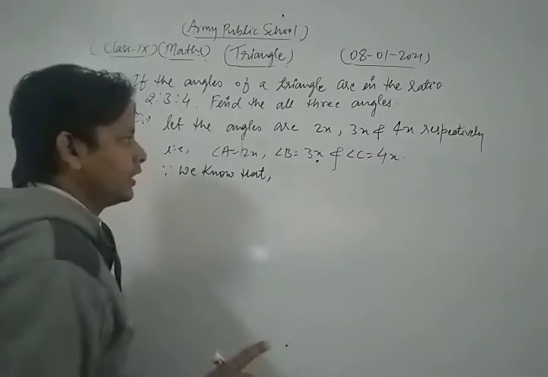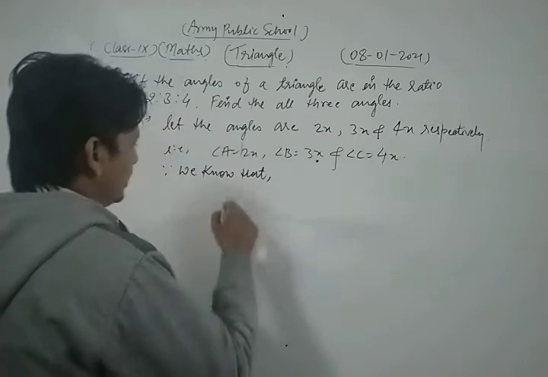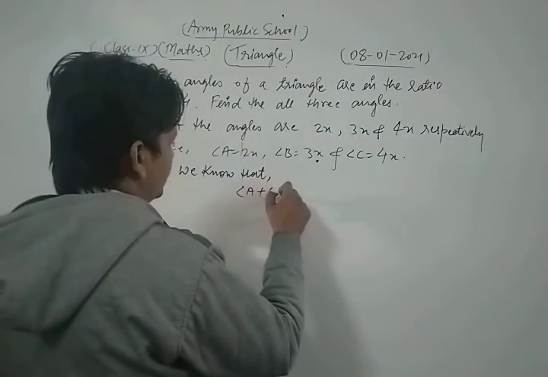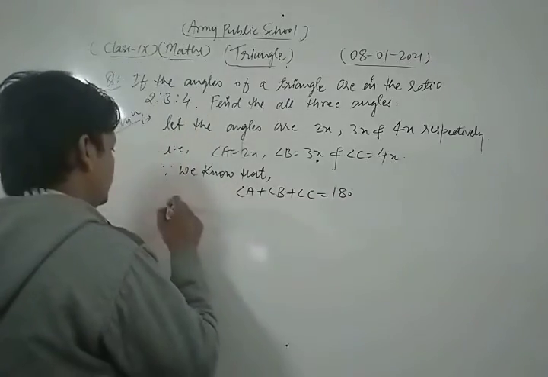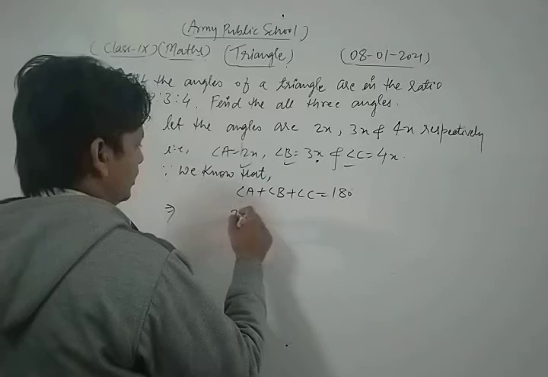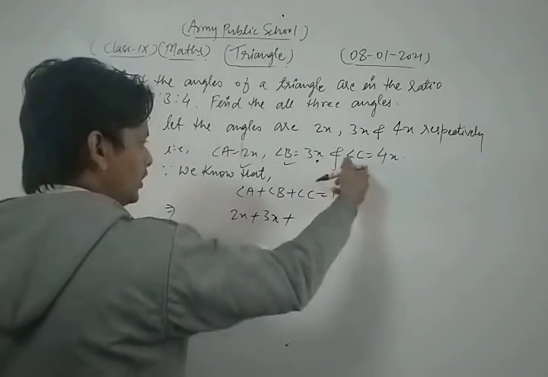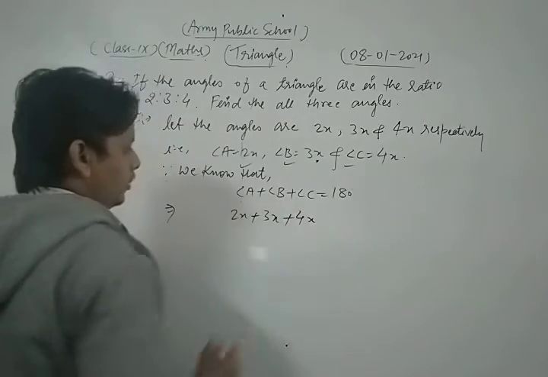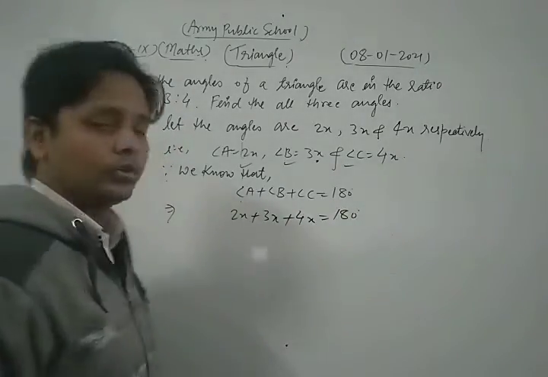that the sum of all angles of a triangle is 180 degrees, we know that angle A plus angle B plus angle C is equal to 180. Now we put the value of angle A, angle B and angle C: 2x plus 3x plus 4x is equal to 180 degrees.